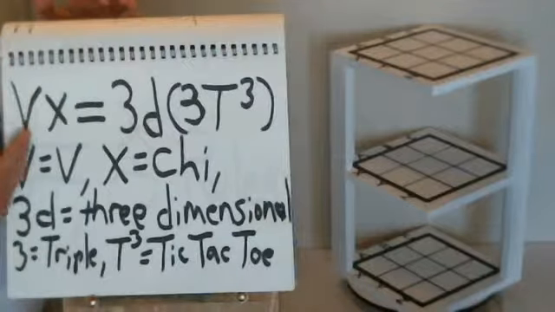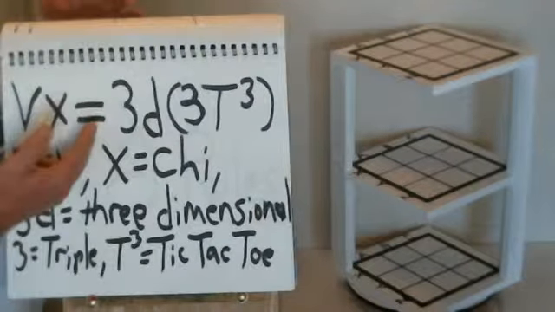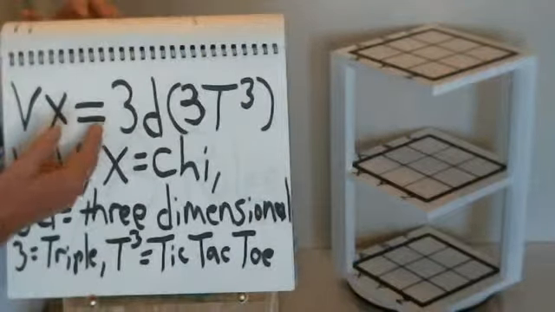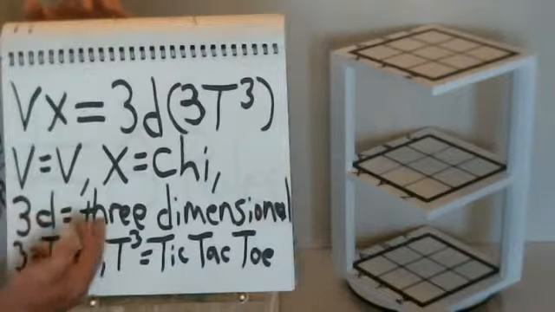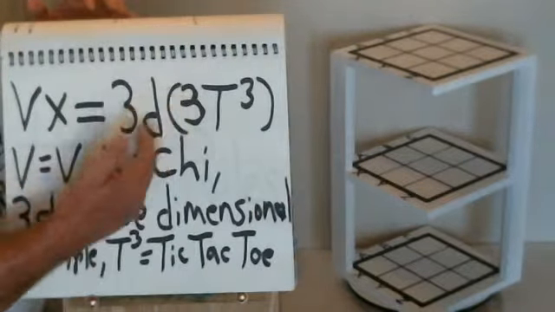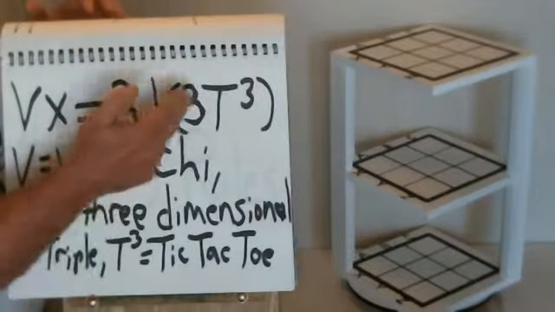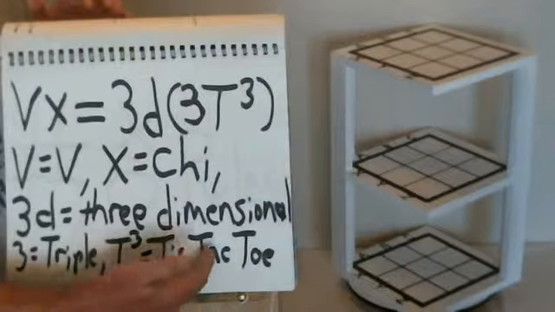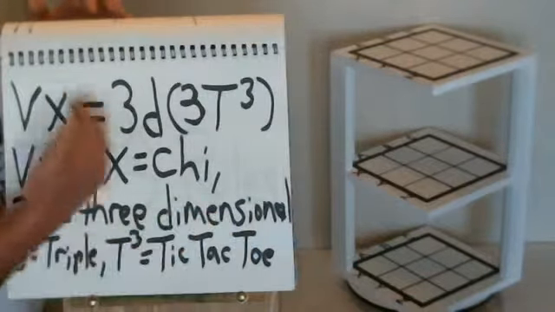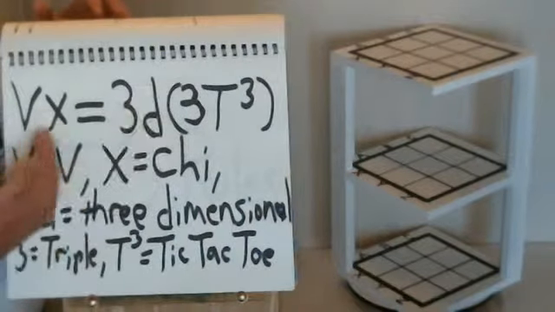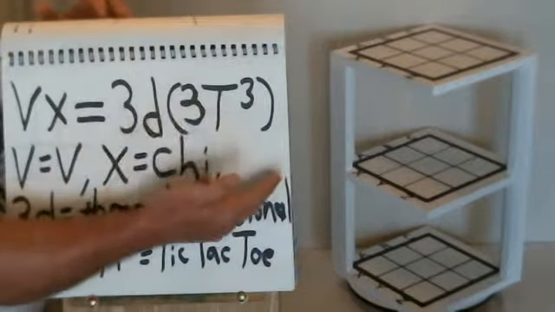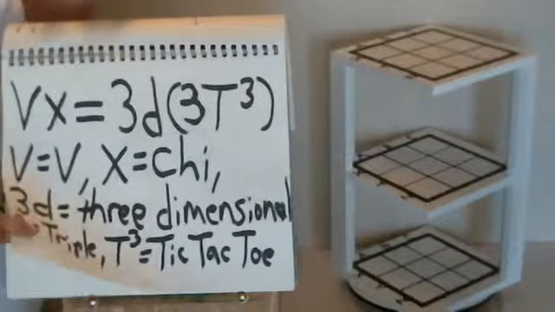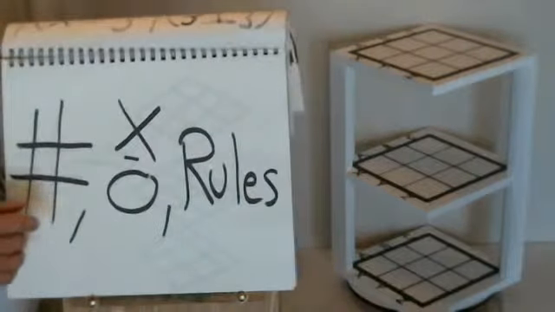So basically we have V chi equals 3D, three-dimensional, 3T, triple tic-tac-toe. So basically, this formula reads, Vici is three-dimensional triple tic-tac-toe. I hope we didn't fool you with all that math.